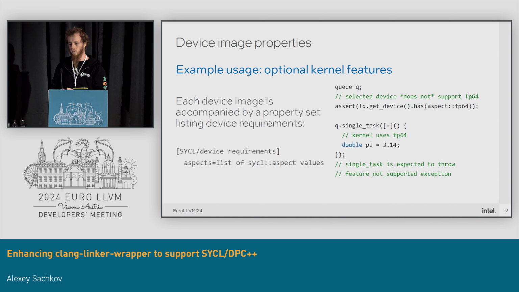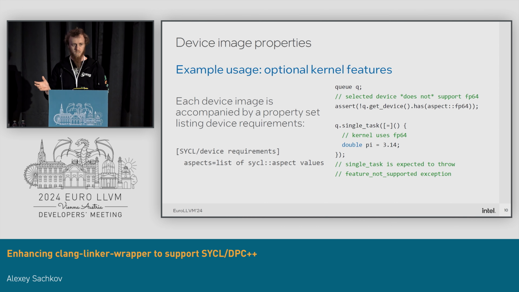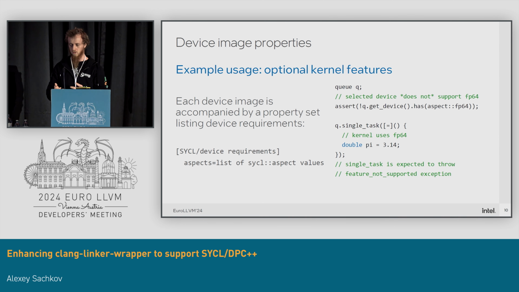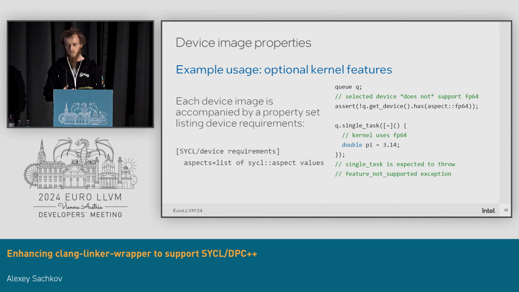One example of how those properties are used is optional kernel features. In SYCL 2020, not every feature is expected to be supported on every device. For example, the double data type is not required to be supported everywhere. And if a kernel which uses double is submitted to a device which doesn't support it, we need to throw a nice feature-not-supported exception in that case.